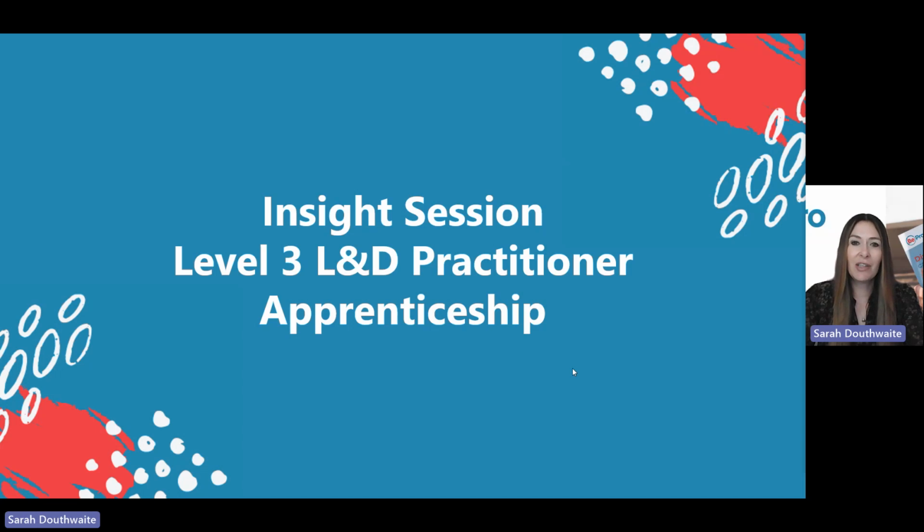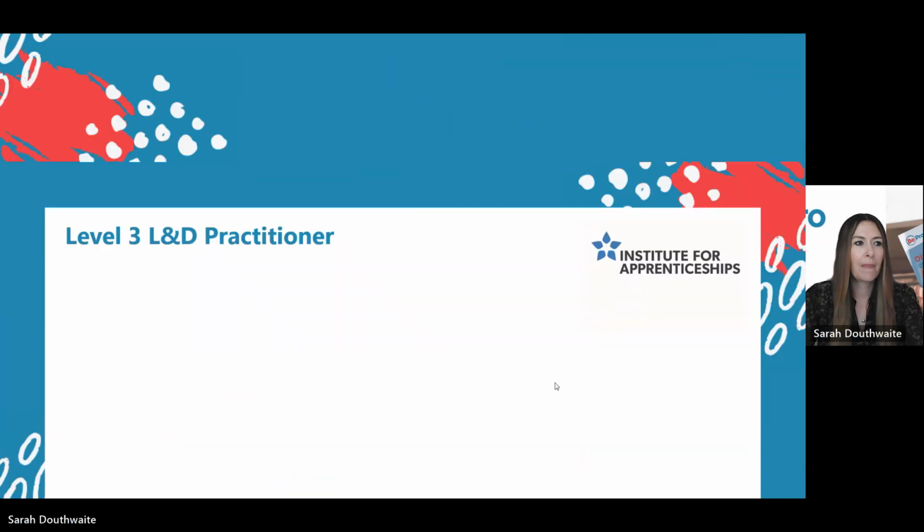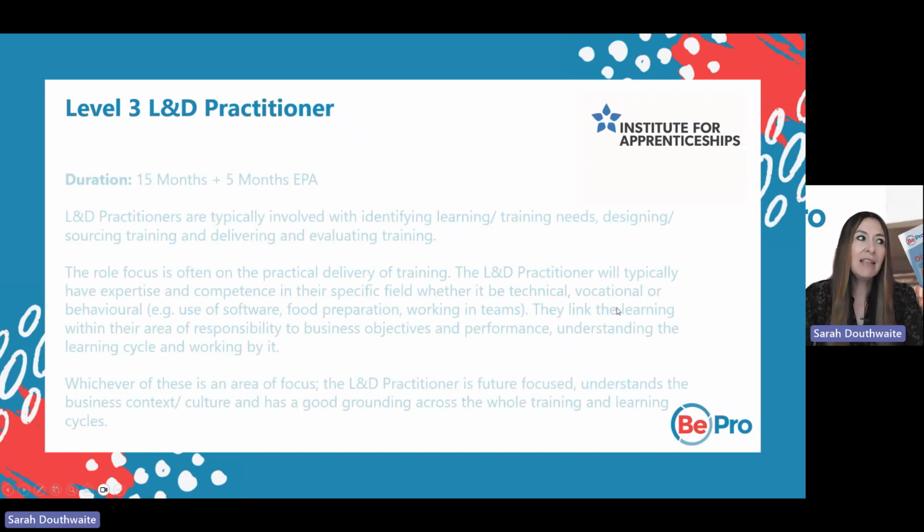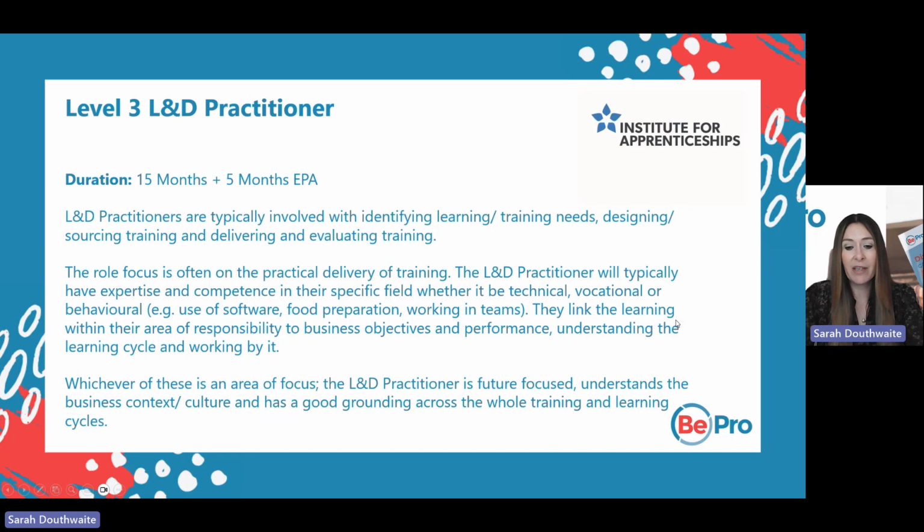In this insight session, I'm going to take you through some more information and talk to you about next steps for your enrolment. If you want further information about this particular standard, you can follow the hyperlink from the Institute for Apprenticeship logo on this slide. But in summary, the duration of this apprenticeship is 15 months and it has a 5-month endpoint assessment period.